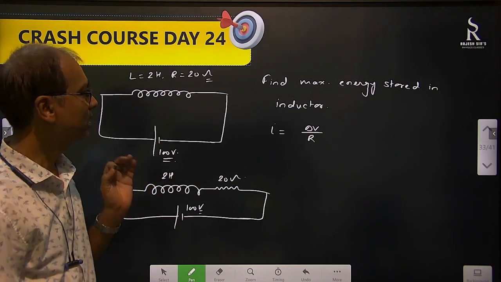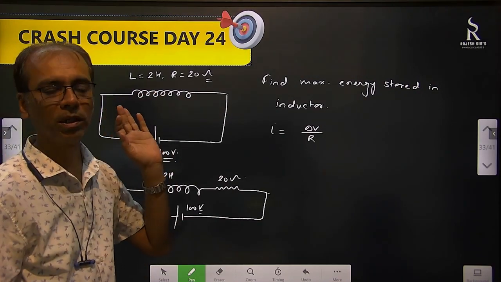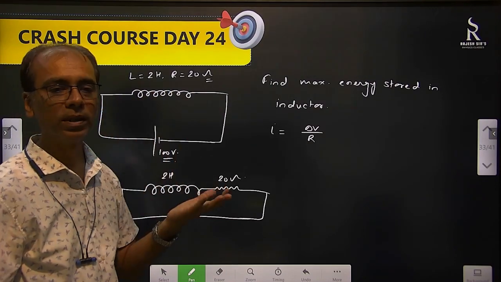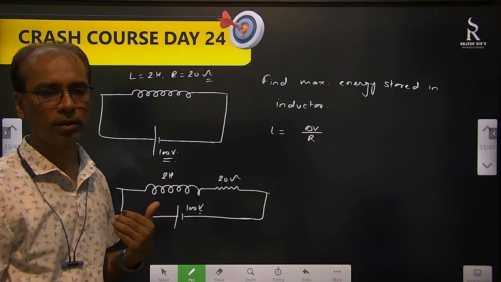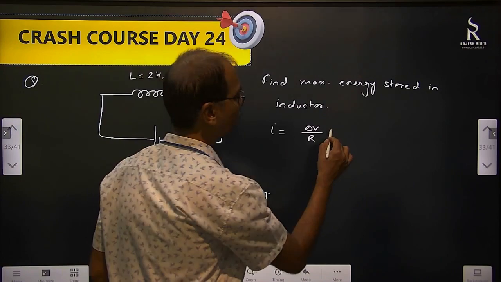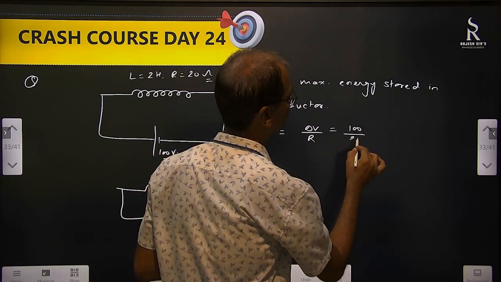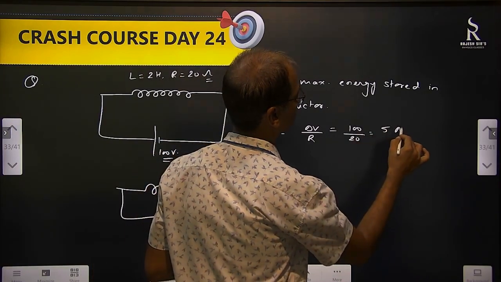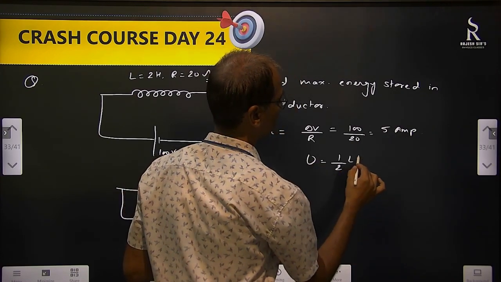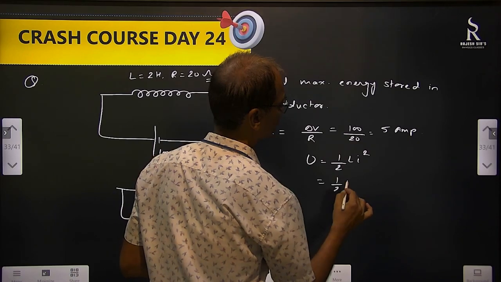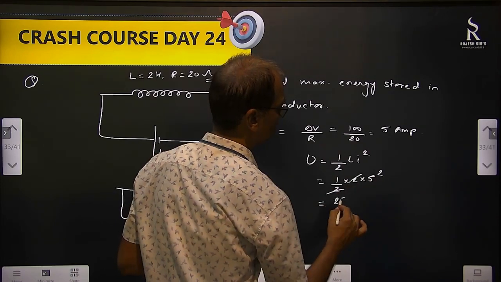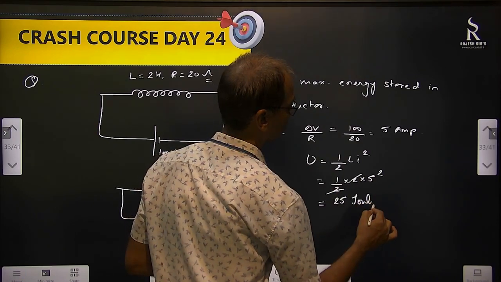At maximum current, there is no fluctuation, no increase or decrease in current happening. So the maximum current is delta V by R. Delta V is 100, so 100 by 20, that's 5 ampere. Then energy stored is half L I square. So 1 by 2 into 2 into 5 square, 25 joule. That's it.